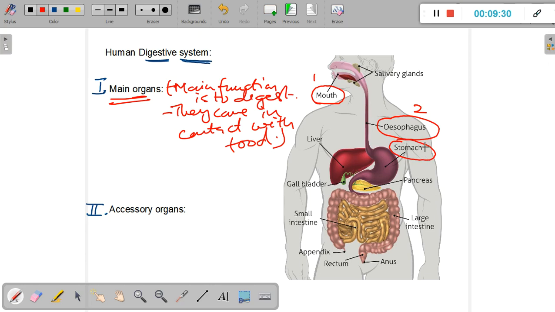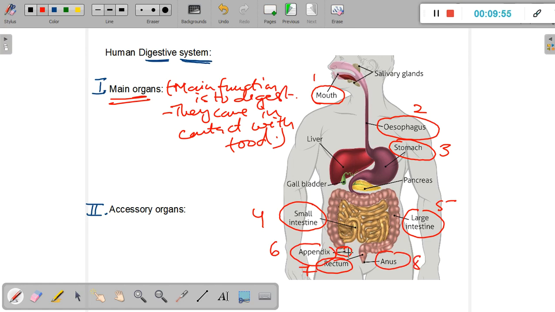The third one is the stomach. The fourth one is the small intestine. The fifth one is the large intestine. The sixth one, okay, this is this tiny small part called appendix, which is a part of the large intestine. So appendix, if you want to write, yes, sixth is the appendix, seventh is the rectum, and eighth is the anus.